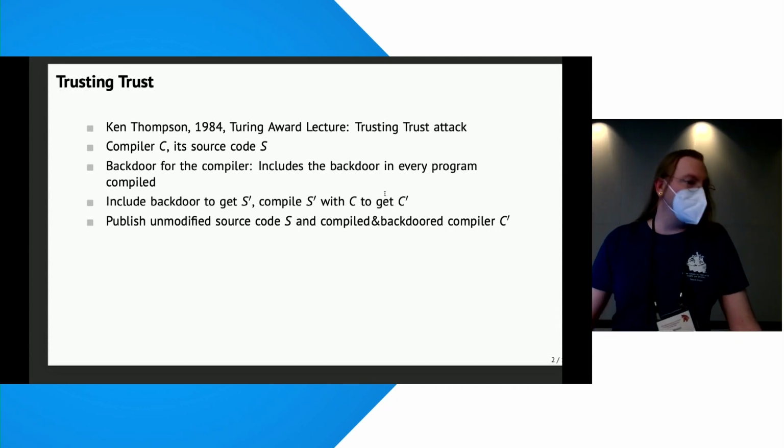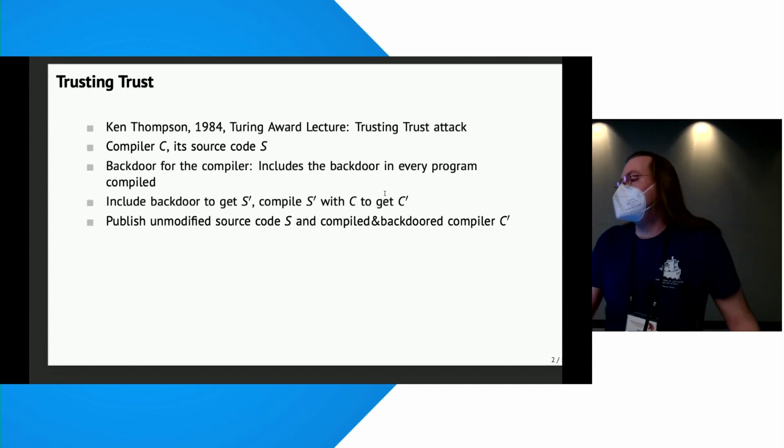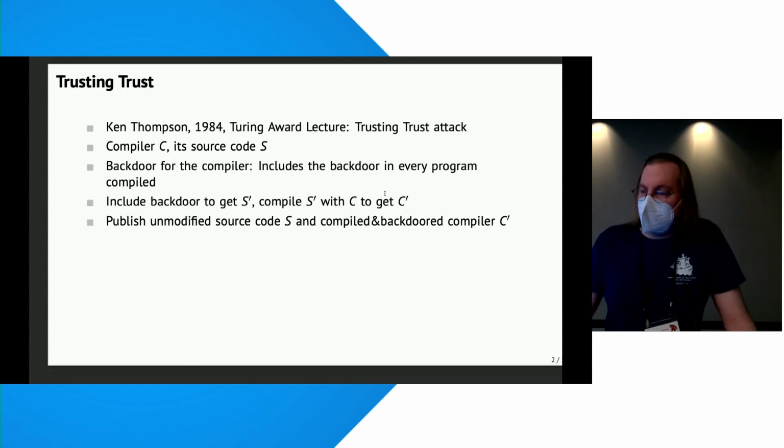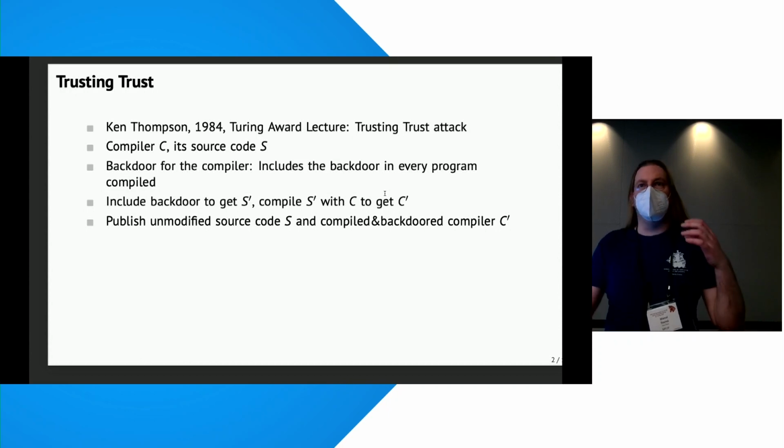So there was Ken Thompson, you might know him, and in 1984 he won the Turing Award, and he introduced in his lecture for the Turing Award an attack called the trusting trust attack. And it's an attack that attacks the relation between the compiler and the compiled binary.